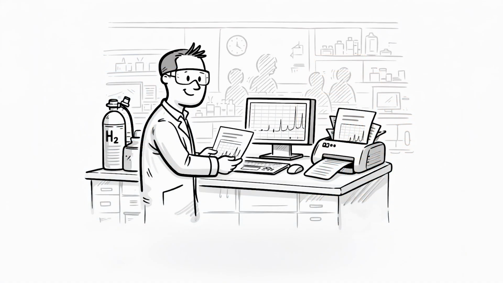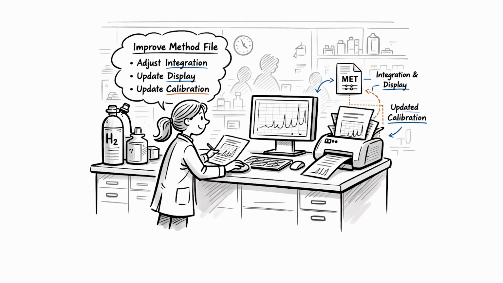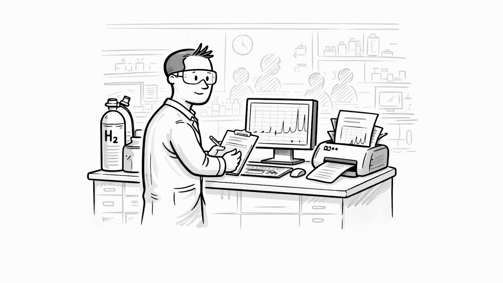Consider a real-world scenario. Bob runs a sample in a busy production laboratory. He completes the analysis and prints a report. Later, Sarah improves the method file. She adjusts integration settings, modifies display options, and updates the calibration file. Sometime later, a customer inquiry requires Bob to review his original data. He opens the raw file and the chromatogram looks different.